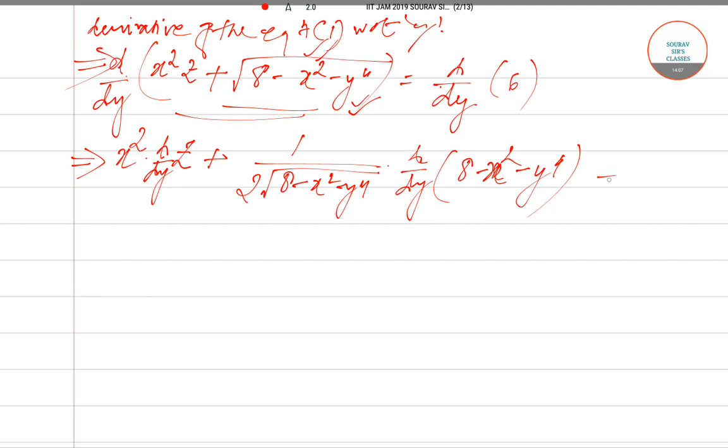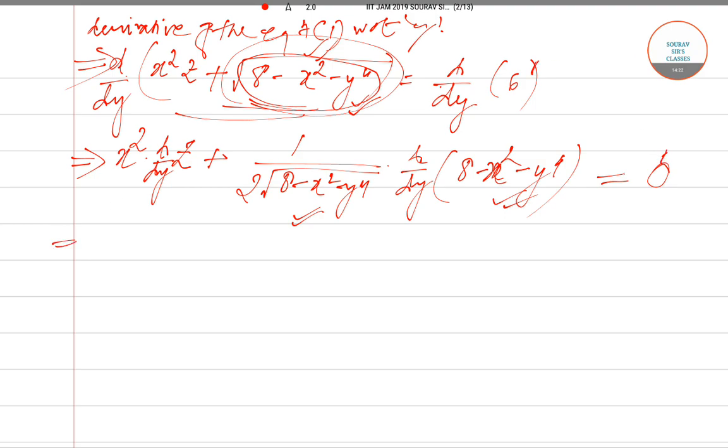Again we have followed the chain rule. We have differentiated this value, and now we will differentiate the value inside the square root. The derivative of a constant is always 0, so we have written 0 over here.